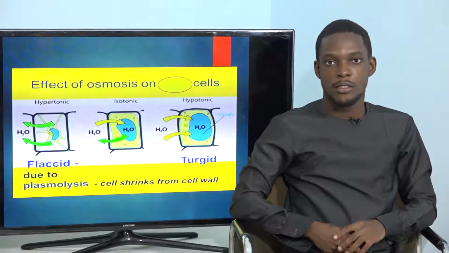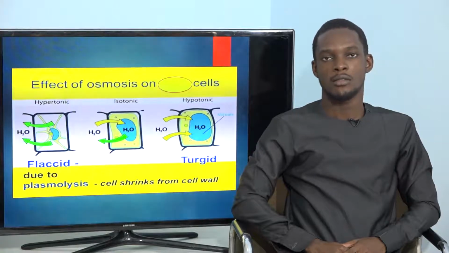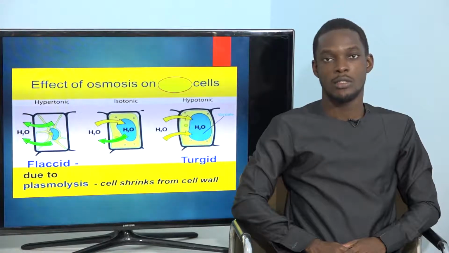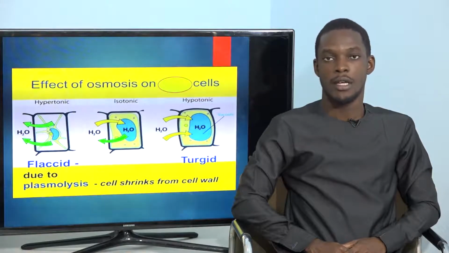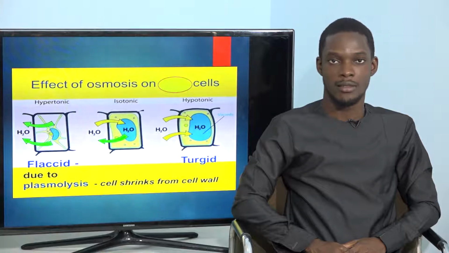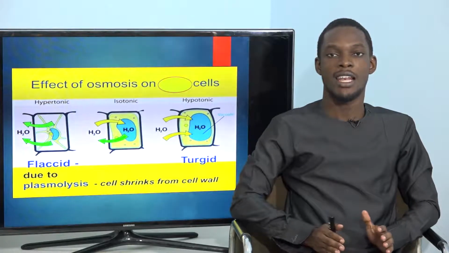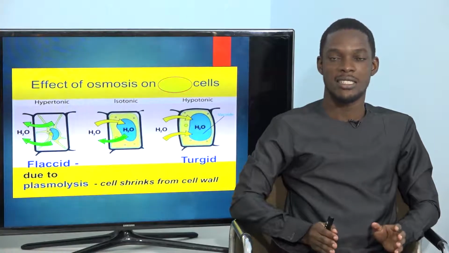Homeostasis. Effect of osmosis on a cell. So when you have too much electrolyte concentration within the cell, what you see is that water will tend to move into the cell to achieve balance, or electrolytes will move out of the cell to achieve balance. When water moves into the cell excessively, you might have a very enlarged cell, which is what we call a turgid cell.